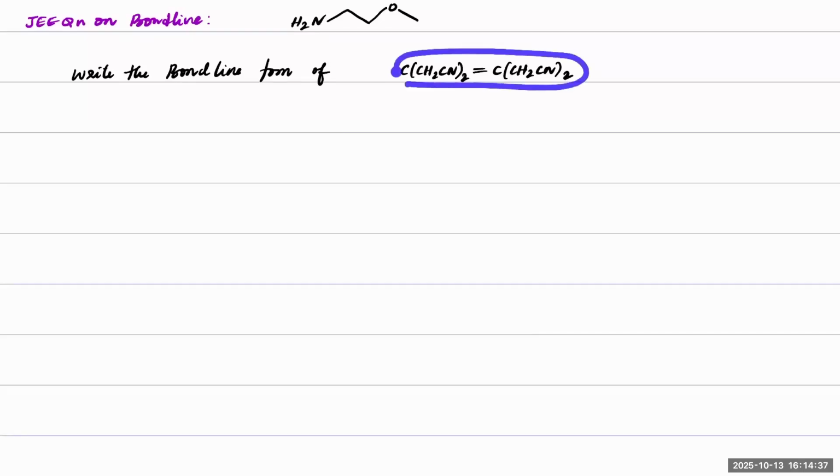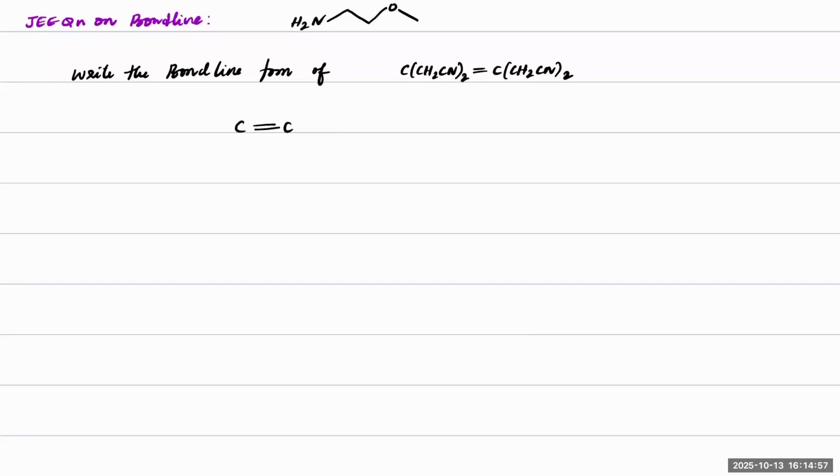So tell me, how do we write the bond line structure? First you need to understand there is one carbon on which two other groups are present, which is CH2CN. So first I will write the semi-condensed form, carbon double bonded carbon.